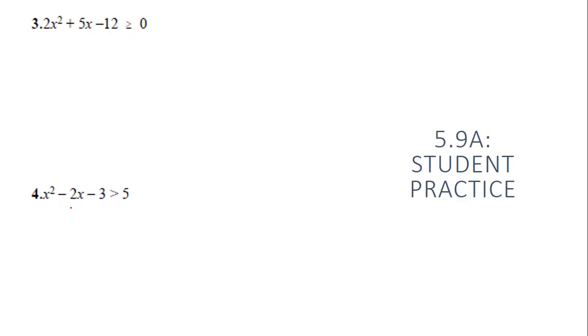And then x squared minus 2x minus 3 is greater than, not less than, greater than. They said the inequalities weren't showing up, so that's what I'm showing you. All right, I'll leave that for y'all to practice and check yourself.